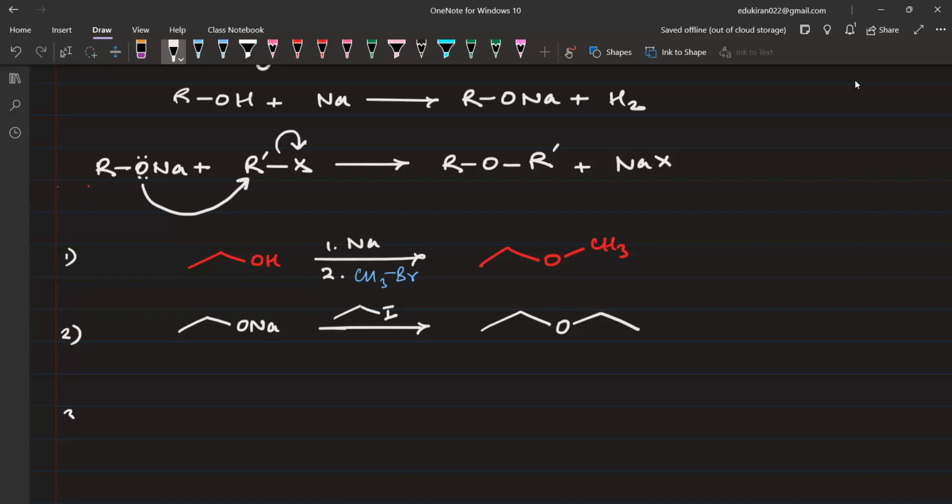Now, for example, if you have something like this, 2 carbon atoms, and then you have ONa. And here you have 2 carbon atoms and let us suppose Br. So you write everything as it is till the oxygen atom, and then whatever alkyl group is attached on the haloalkane. So 2 carbon atoms. So यहाँ पे आपके पास ethyl आ गया.